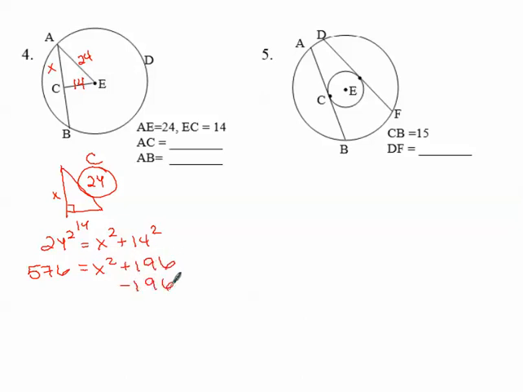I'm going to subtract 196 on both sides, and I get 380. So I take the square root of both sides, and AC is the square root of 380, which happens to be about 19.5.